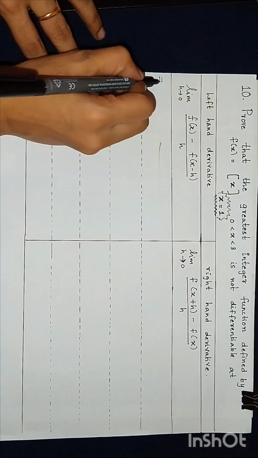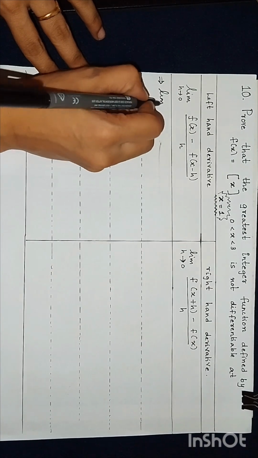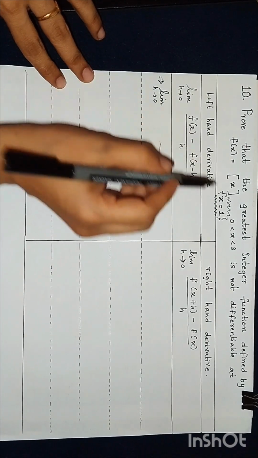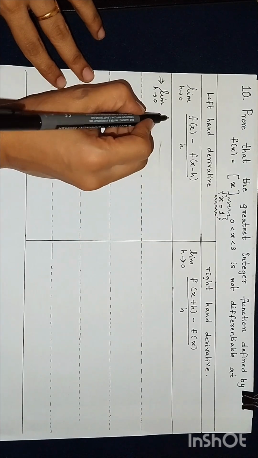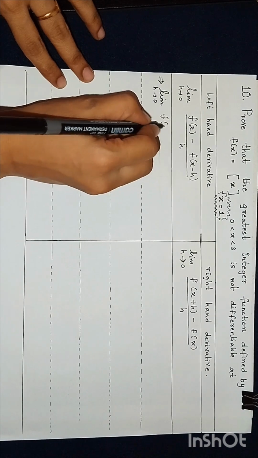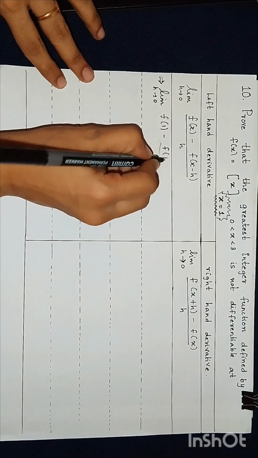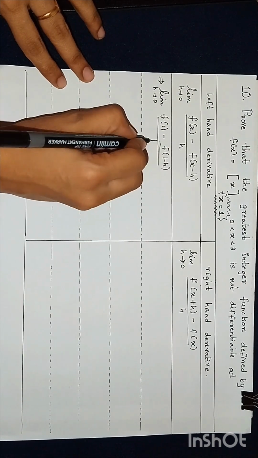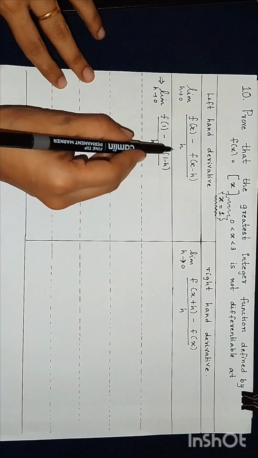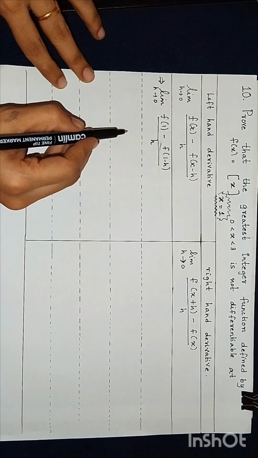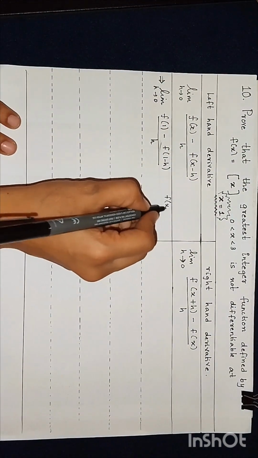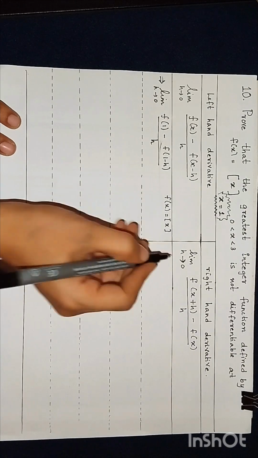Now let us solve for the left hand derivative. Limit h tends to 0. In the place of x, the first case is x equal to 1. You can also write c. That's okay. So at x equal to 1, f of 1 minus f of 1 minus h divided by h. Now what do we have to substitute for f of 1 and f of 1 minus h? For that, we will go to the function. f of x is equal to the greatest integer function of x.